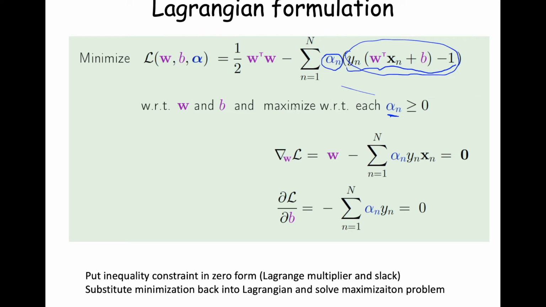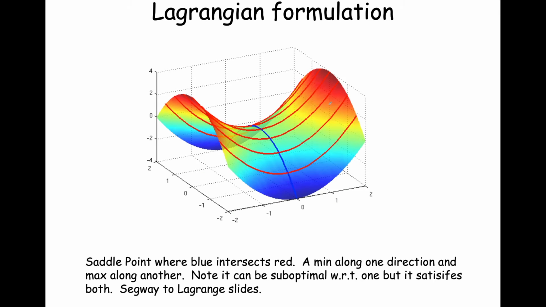So we're solving two problems, two optimizations, a minimization with respect to W and B and a maximization with respect to our set of alphas. Okay, and so we talked about this idea of a saddle point being that solution where we have two different optimization problems that tug against one another. So why don't we continue on with our exploration of the Lagrangian.